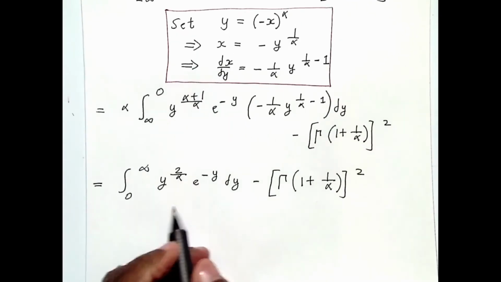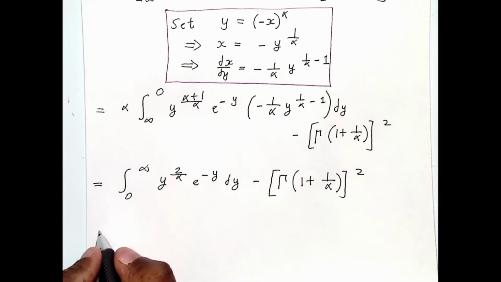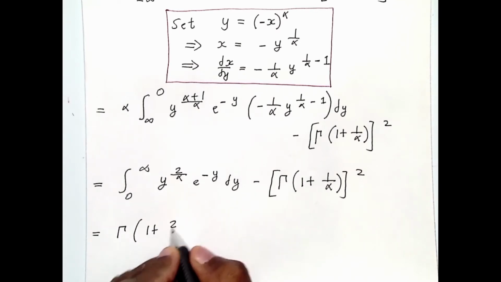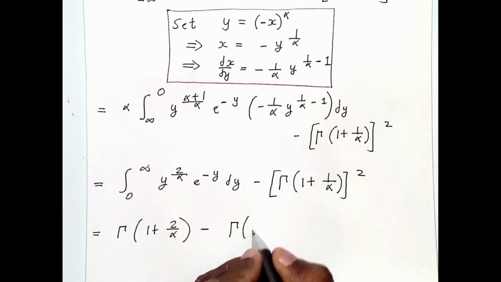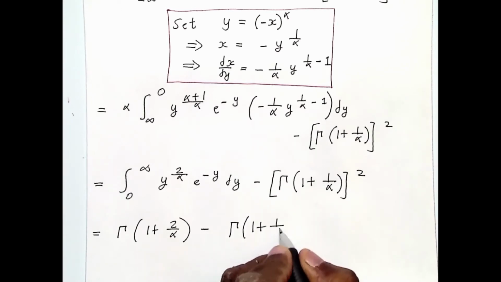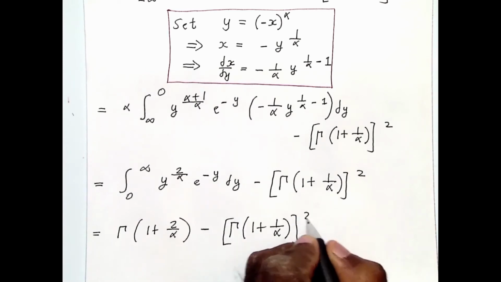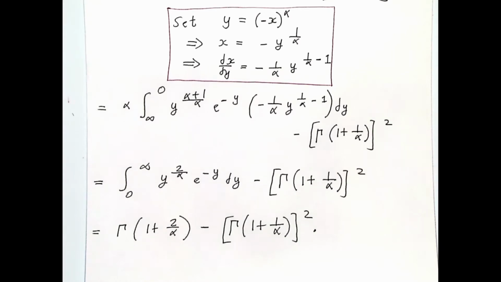Now again using the definition of the gamma function, what you have here is equal to gamma function at 1 plus 2 divided by alpha, minus the square of the mean. So this is the variance for the Weibull limit. So this completes question 3 of sheet 1.